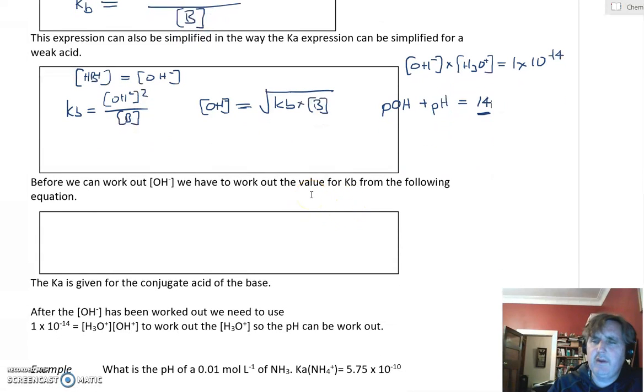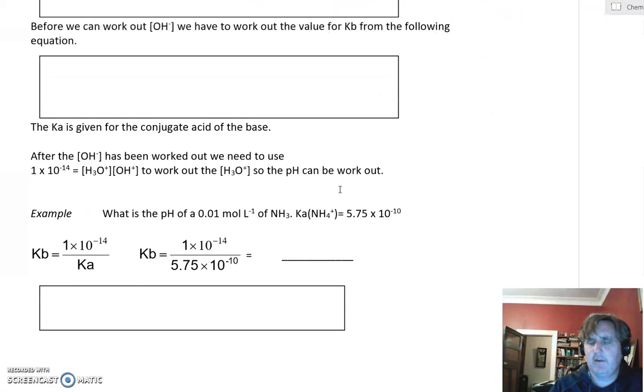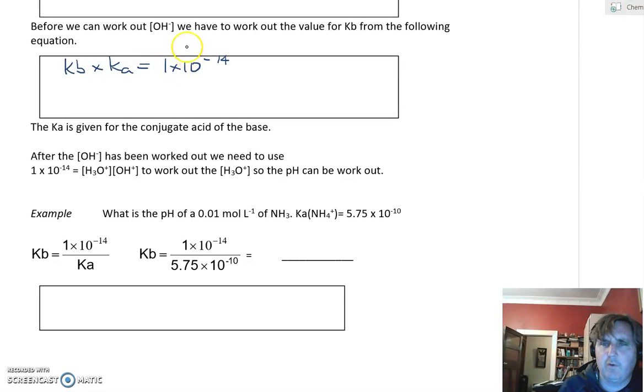So before we can start, we need a value of Kb. The value of Kb is never given because we're always given a value of Ka. The Kb times the Ka equals 1 times 10 to the negative 14, just as OH minus and H3O plus do.